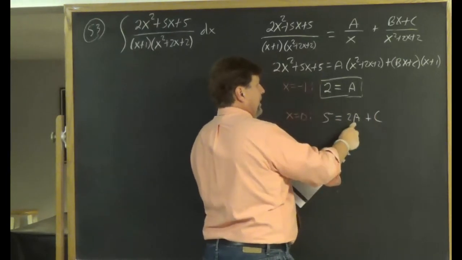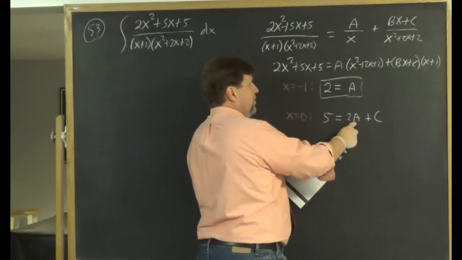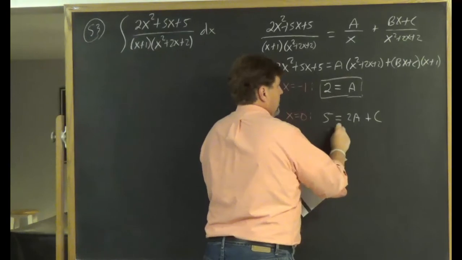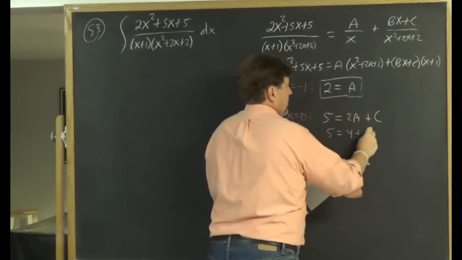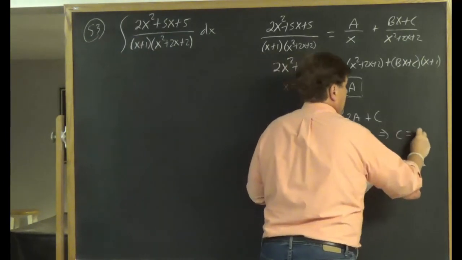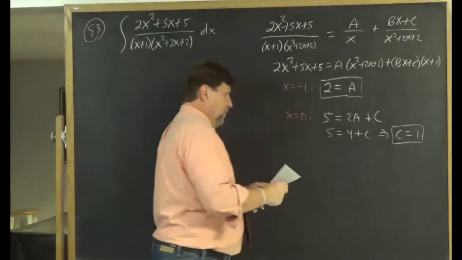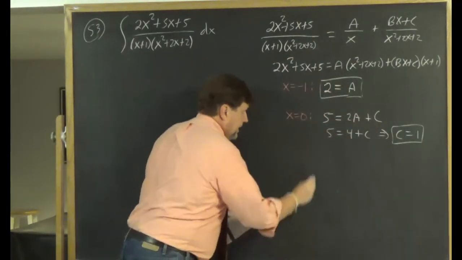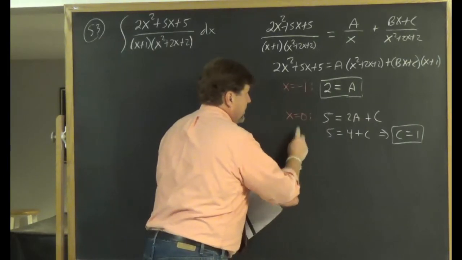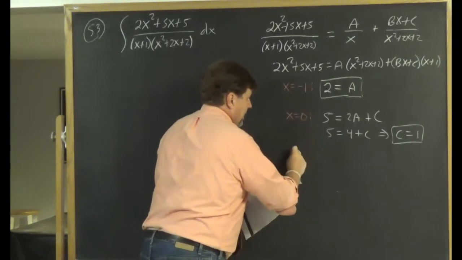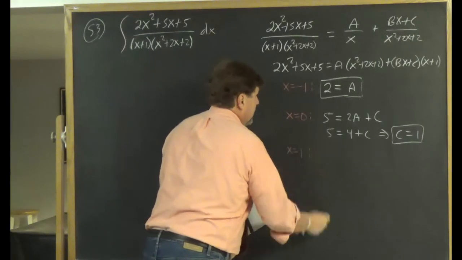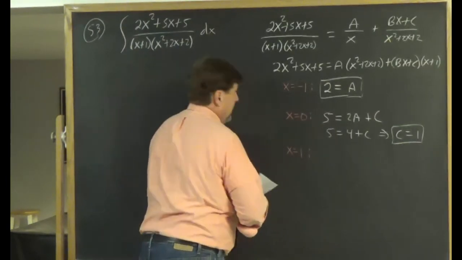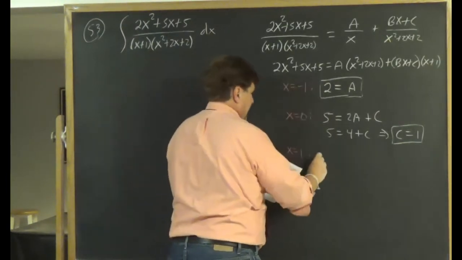It's not bad because we know a is 2. So we get c is 1. All right, so far so good. Next, I picked -1, 0. I'd probably pick x equals 1.